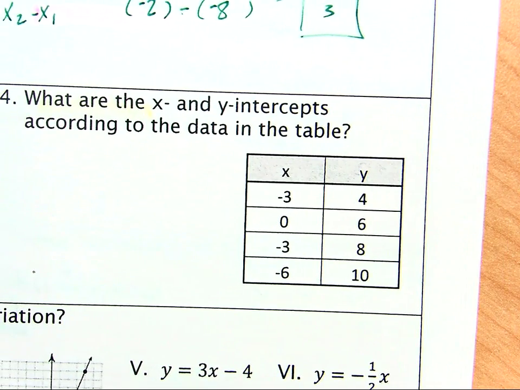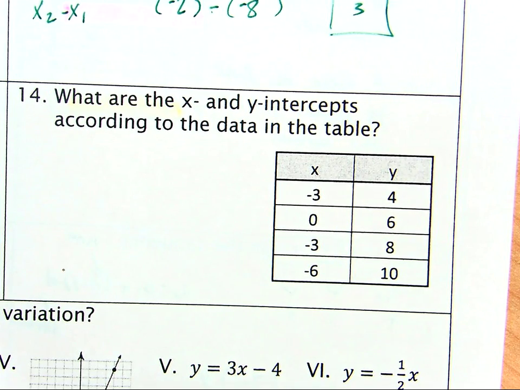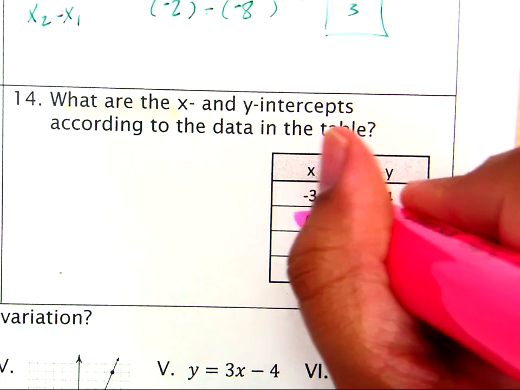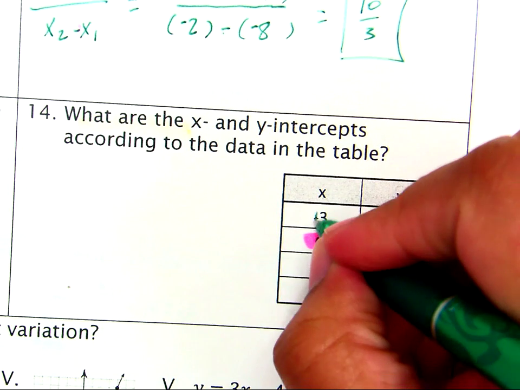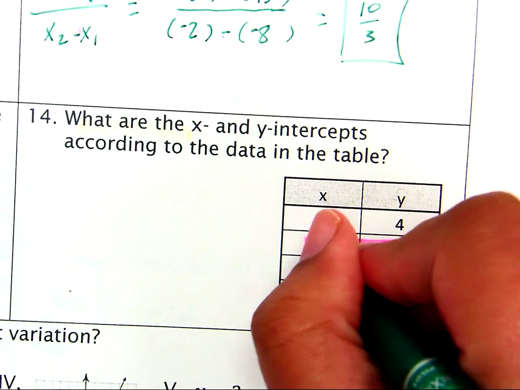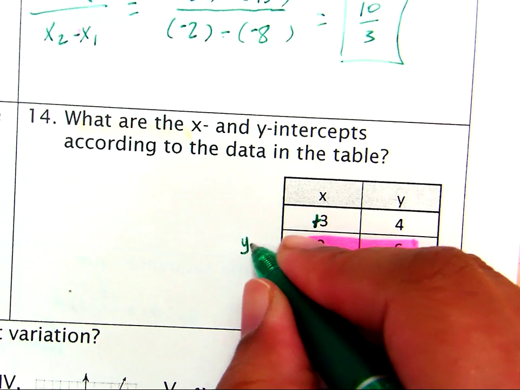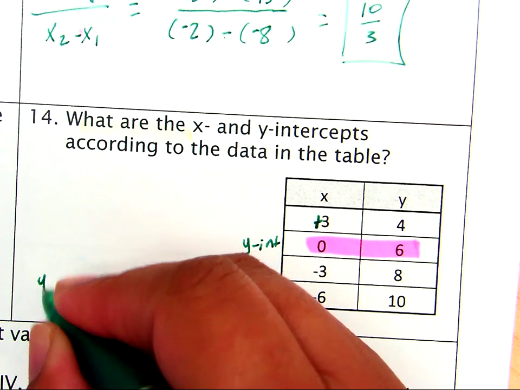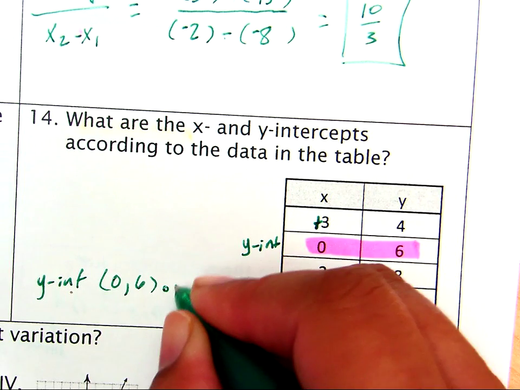Number 14, you're trying to find x and y intercept. This time they only give you one, and you have to go find the other. Okay, and I also need you to make this correction. This should be a +3. So is this the x or y? Remember, this is your y-intercept. So our y-intercept is 0, 6, or just plain old 6.